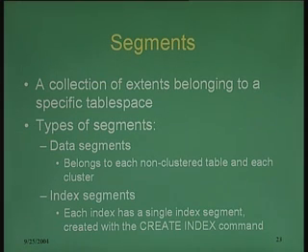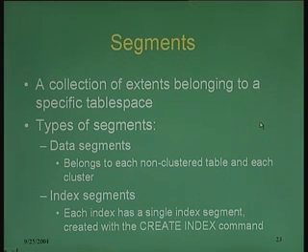And a collection of extents is what is called a segment. So there are different kinds of segments, what might be termed as data segments and index segments. Data segments are those which store data or which handle elements that are stored in the data files. And a data segment belongs to each what is called a non-clustered table, and to each cluster. What is a clustered table?